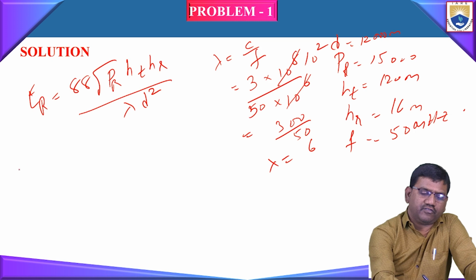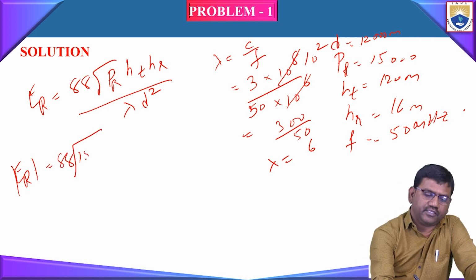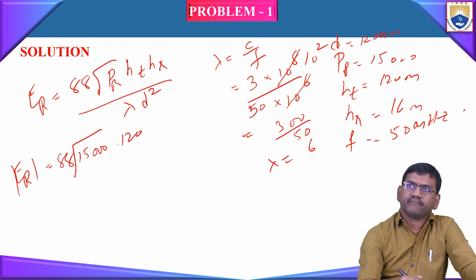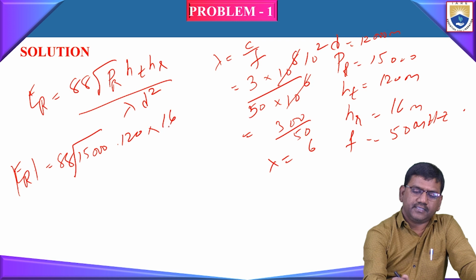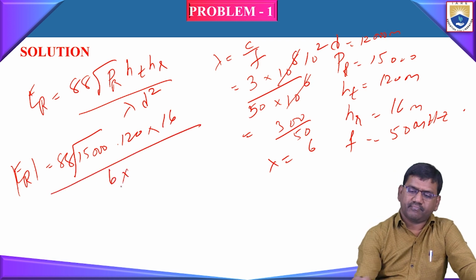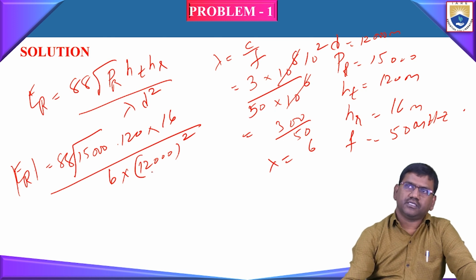Now we shall find out the value of field strength at the receiving antenna. Modulus of ER is equal to 88 root P, that is root 15,000, into HT value 120, and HR value 16, by lambda value 6 and D is 12,000 whole square.